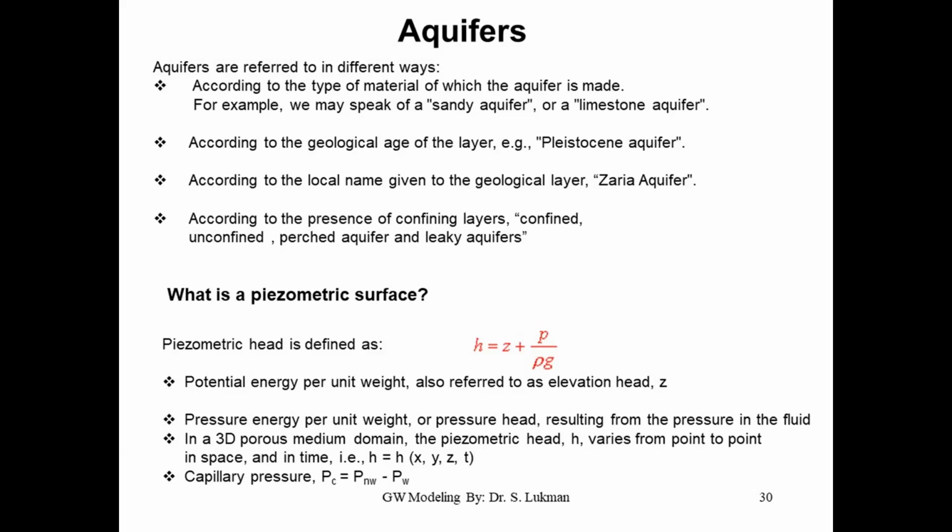Rise of the head of water against atmospheric pressure. Surface of water that rises against atmospheric pressure. It can be simply defined as an imaginary line, the level to which water will rise if a piezometer is inserted into the water.